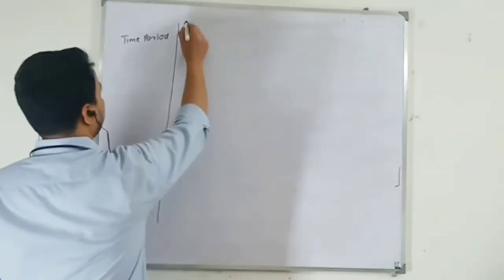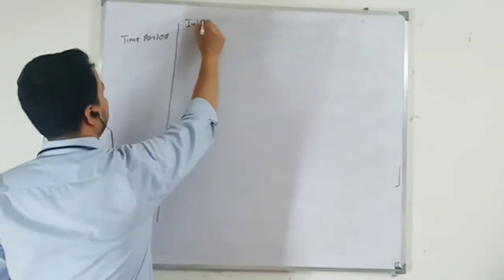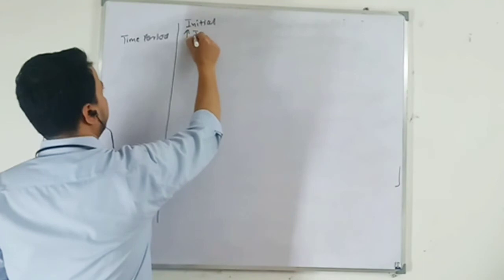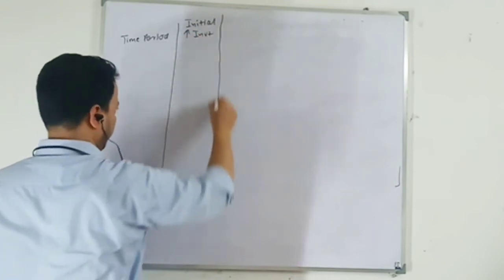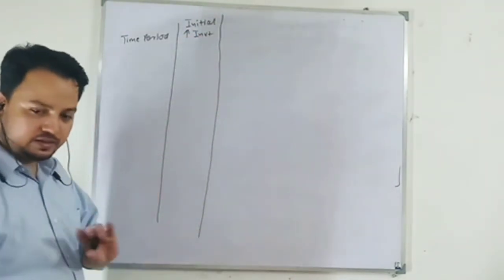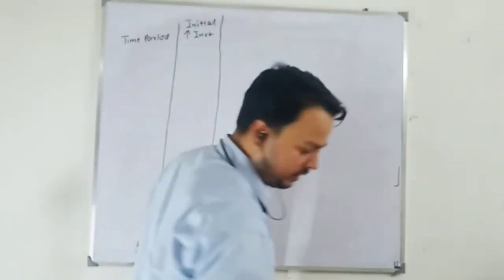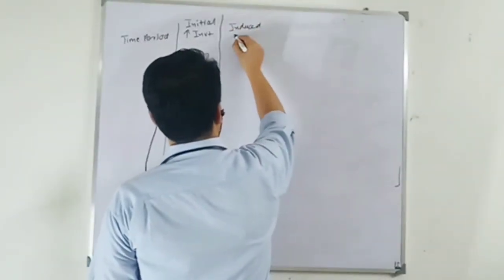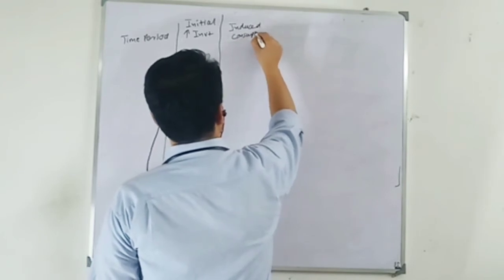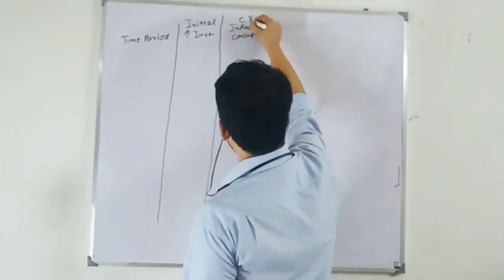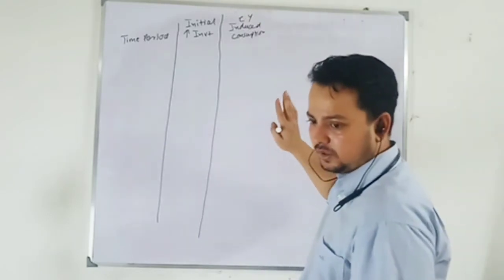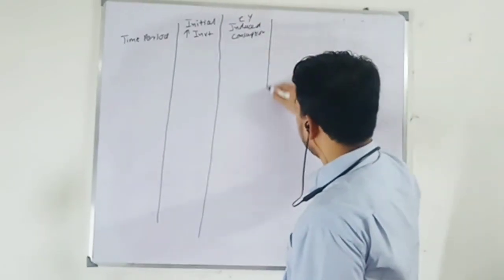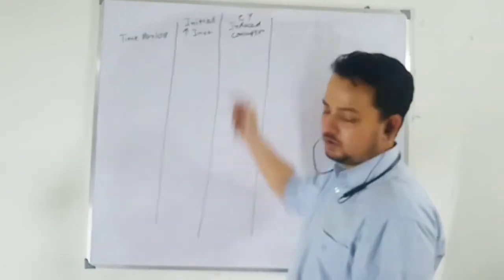Initial increase in investment. Everything is in the notes. Whatever I am writing here, just understand it is in the notes. Induced consumption. Induced consumption is small c y. I don't write delta y, you will understand that. This is a part of induced consumption.